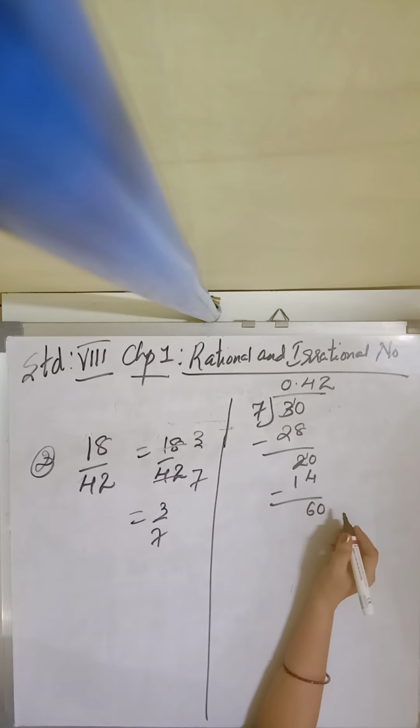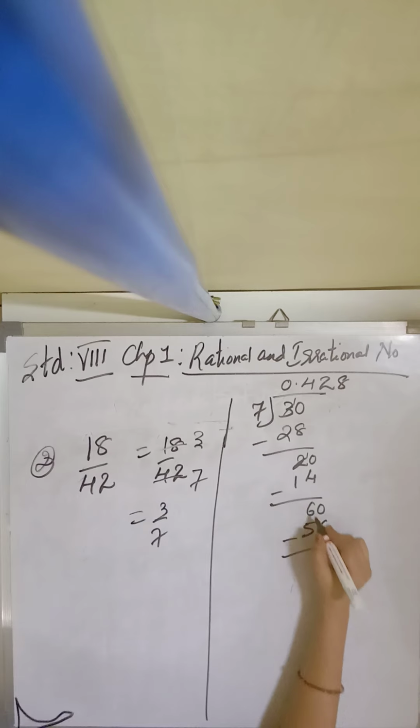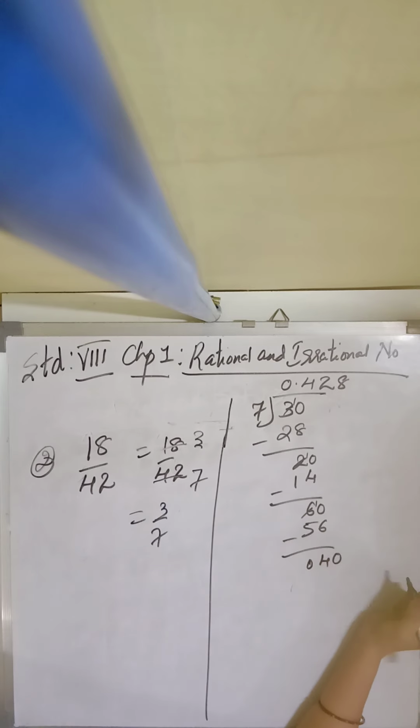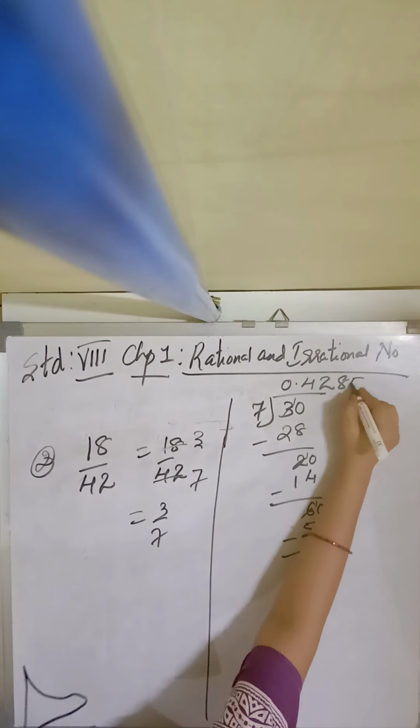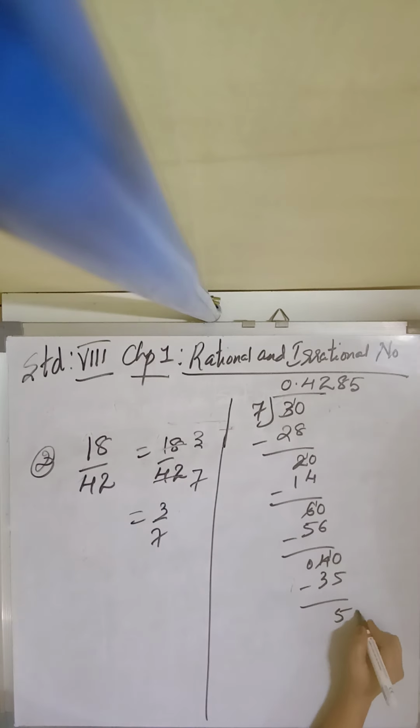Then 7 8s are 56, 4 0. Then, children, 7 5s are 35, 3 minus 3, 0 again.